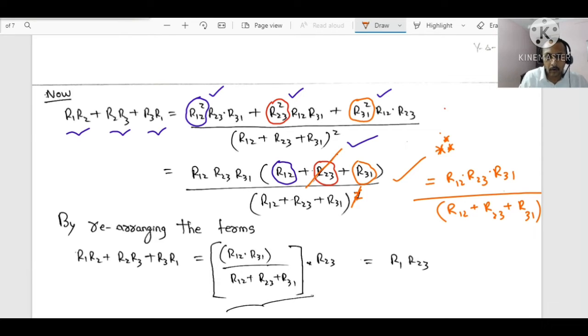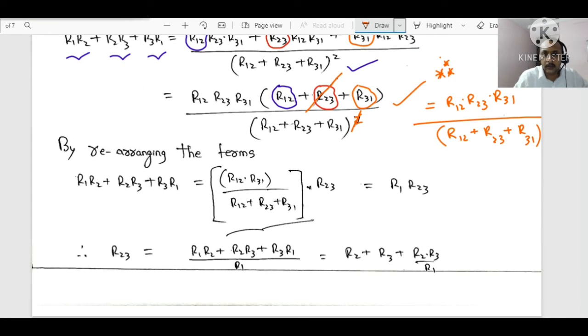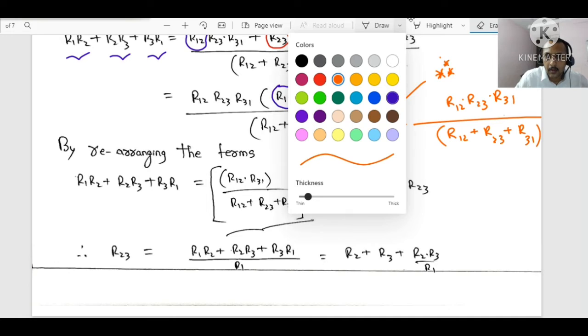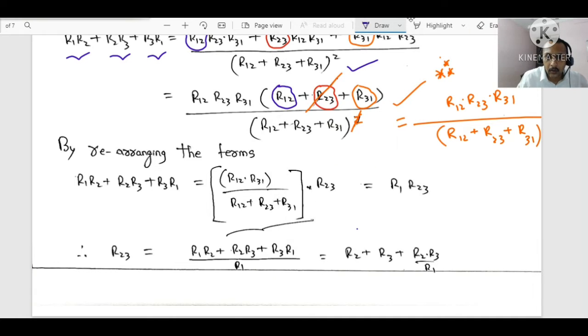That's it. What we will do in this context is just change the bracket positions and rewrite the terms. Now observe, this is the same as, let me place the bracket only for R12 into R31, into R23.